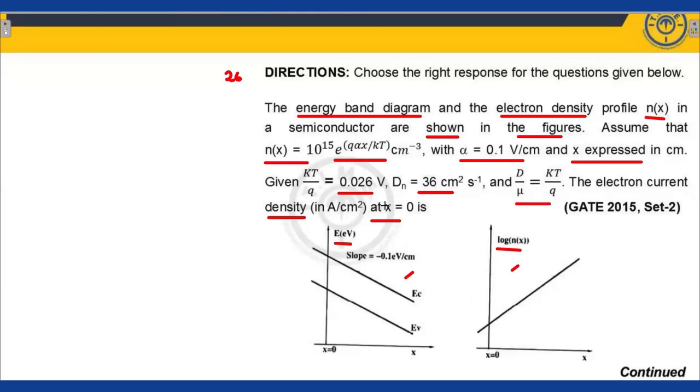The two things are very important, my dear friends. After observing the problem in readable form, we came to our conclusion. What is that conclusion? The electron current density is because of both the currents, that is diffusion and drift currents as usual, my dear friends.